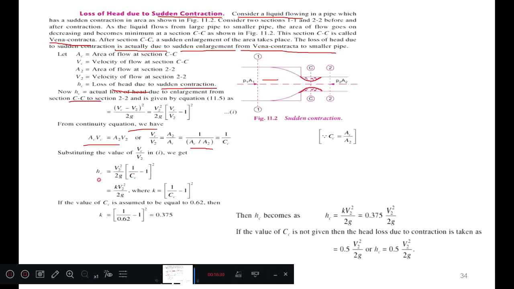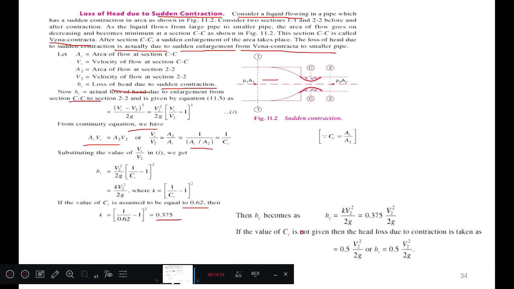So then we can write Hc is equal to K into V2 square by 2g, where K is called the loss constant for a sudden contraction, that is equal to (1 by Cc minus 1) whole square. If the value of Cc is assumed to be 0.62, then the K value comes out to be 0.375 if we substitute in the above equation.